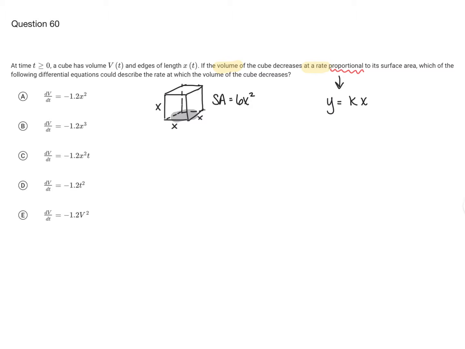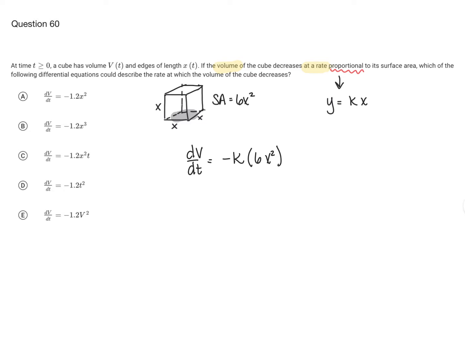Now it says, again, the volume of a cube decreases at a rate proportional to, so we're talking about dV/dt. dV/dt is proportional to, but it's decreasing at a rate proportional to, so we would add a negative k constant times this 6x squared.